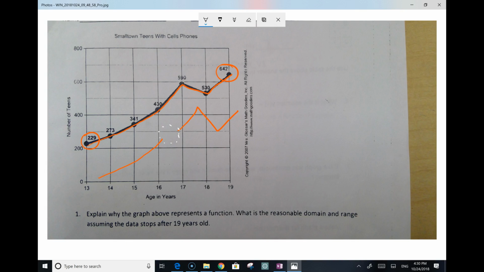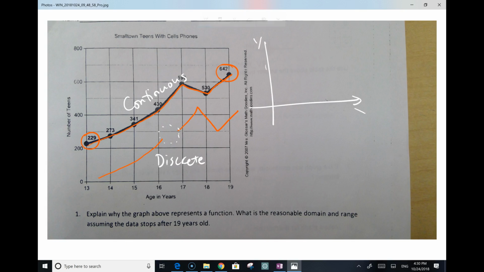It is broken, and that interruption would make it a discrete function. So this would be discrete versus this being continuous.